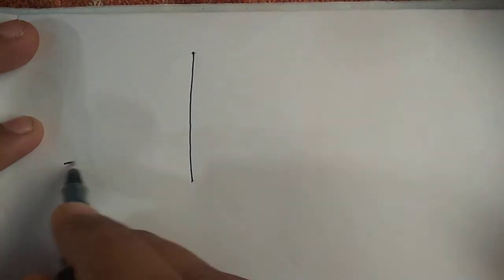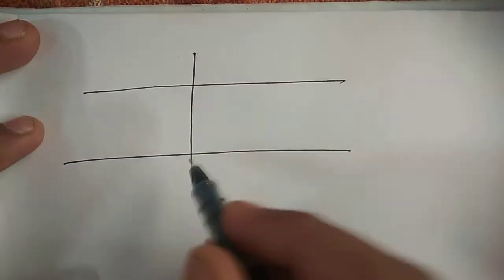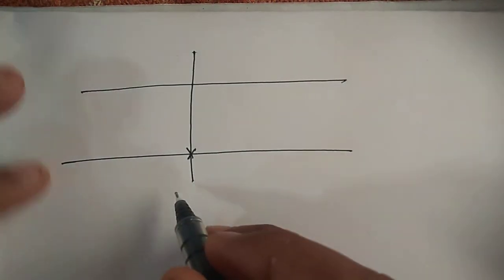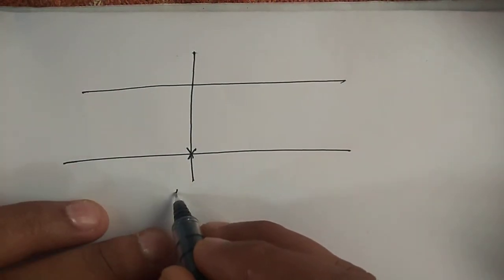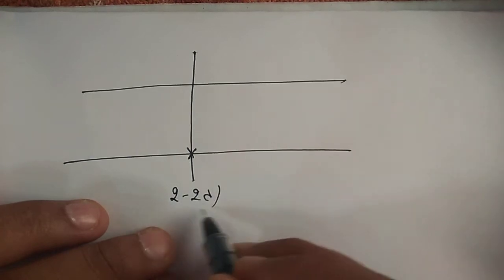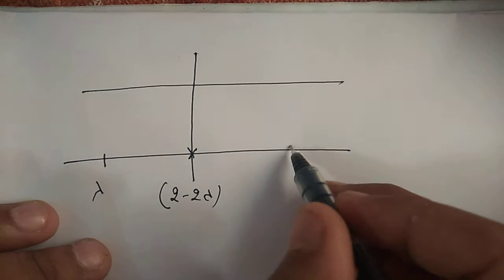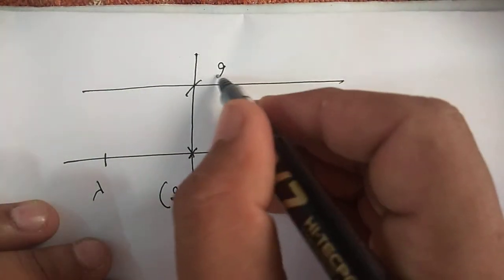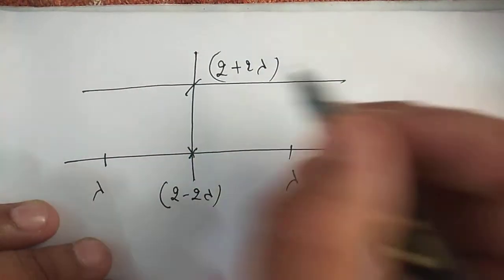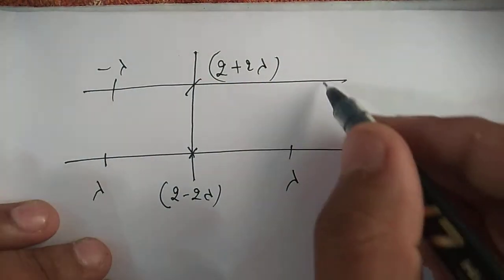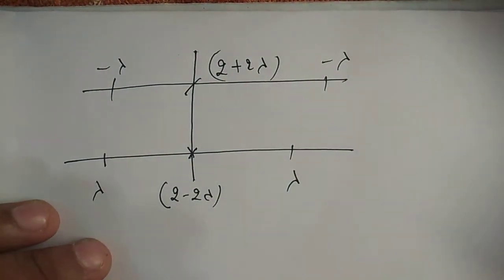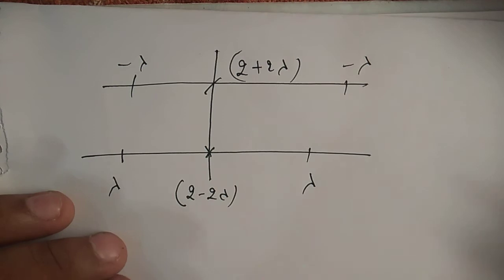Now do you remember, please refer to my previous video for the Crank-Nicolson formula. So this is your 2 minus 2 lambda coefficient, here 2 plus 2 lambda, and here minus lambda, here minus lambda. So this was the coefficient.